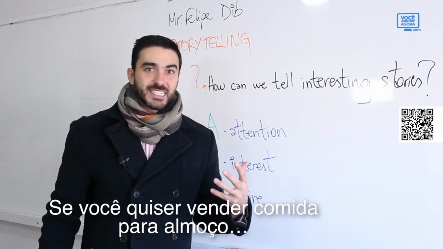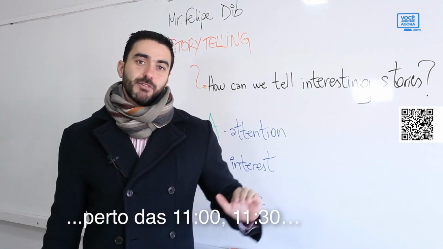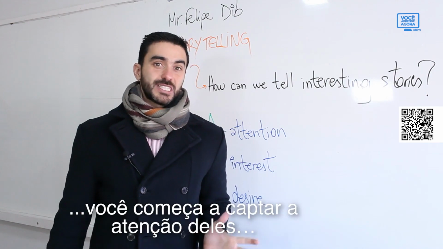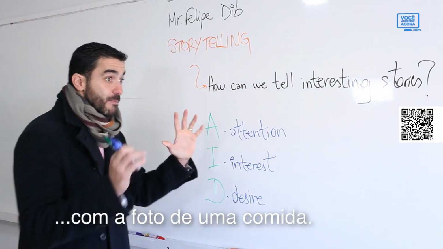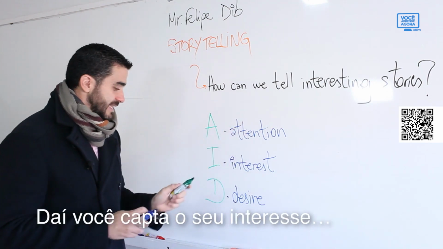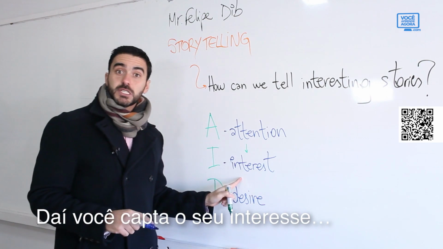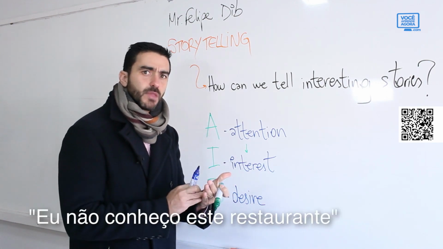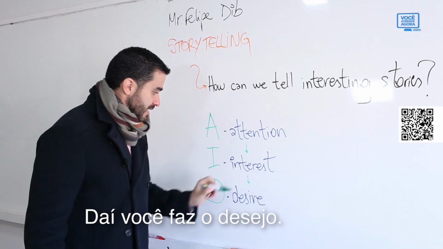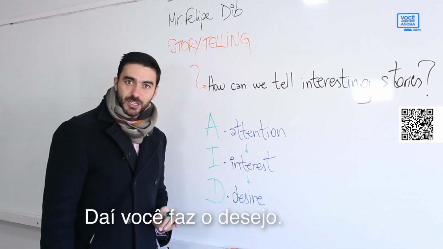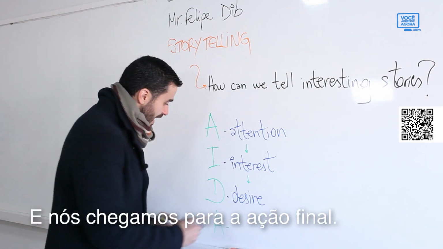If you want to sell food for lunch, around 11:30, you start to capture their attention with the picture of a food. Then you capture their interest. Oh, let me see this food. I don't know this restaurant. And then you make the desire, and we come to the final action.